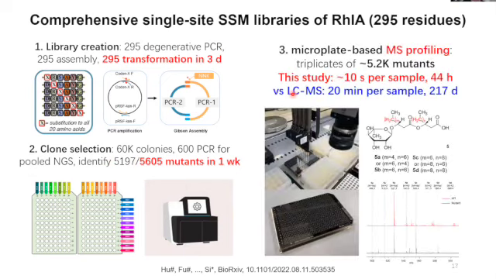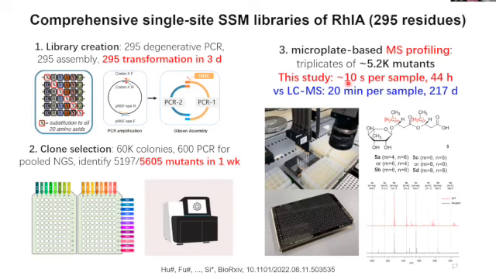Then we use this microplate-based mass profiling. We culture them in 24-well plates because we found 96-well had large variation, so the 24-well gives us satisfactory results. Then we use a liquid extraction protocol and spot the analytes onto a multi-target plate.